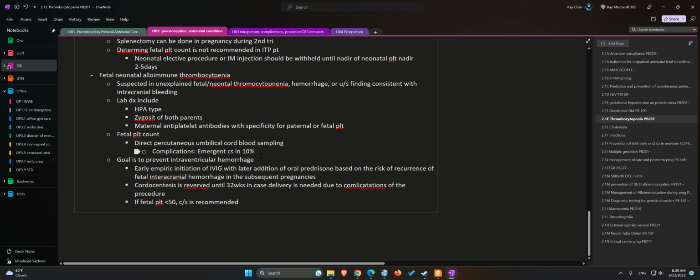I think these patients are stratified into different risk categories for subsequent fetal intracranial hemorrhages, or the severity of having this alloimmune thrombocytopenia. Cordocentesis is reserved until 32 weeks because of the complications of the procedure. If fetal platelet is less than 50, then C-section is recommended.